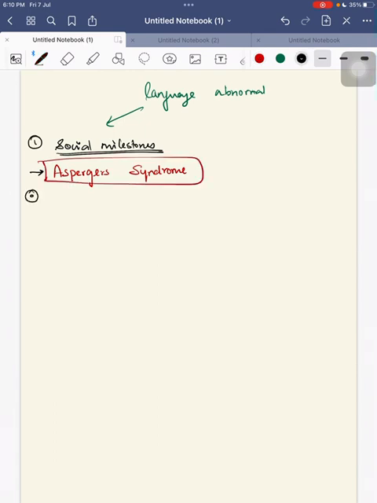This is nothing but the child having difficulty in social interaction and non-verbal communication.